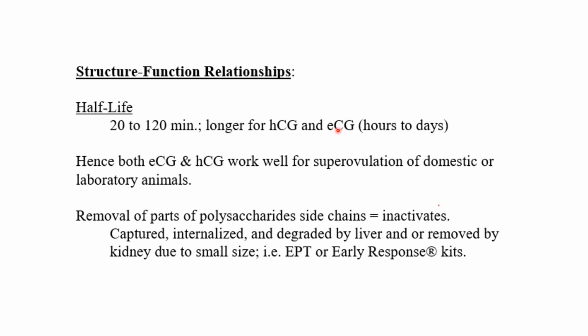And then it's degraded by the body and downregulation occurs. Well, what's left in the system is HCG, which will bind to LH receptors and cause those gals to ovulate. Okay? And that's what I mean down here. So hence both ECG or PMSG and HCG work extremely well for superovulation or just stimulation of follicular growth and ovulation in domestic animals or laboratory animals.